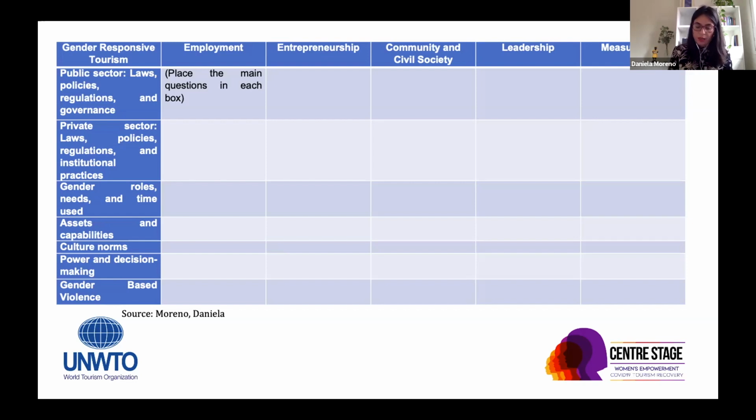Another question that is quite interesting and linked to the intermediate cause is, for example, what are the main studies or analyses in my context that stress the implications of COVID-19 for women in tourism? So, for example, Mira, if I am not mistaken, has right now the lack of studies on women and the consequences of COVID-19 in tourism, right?